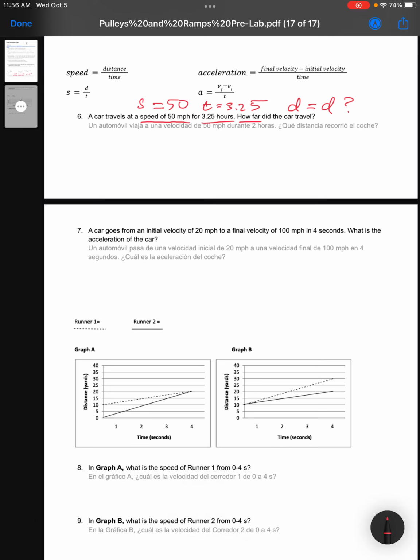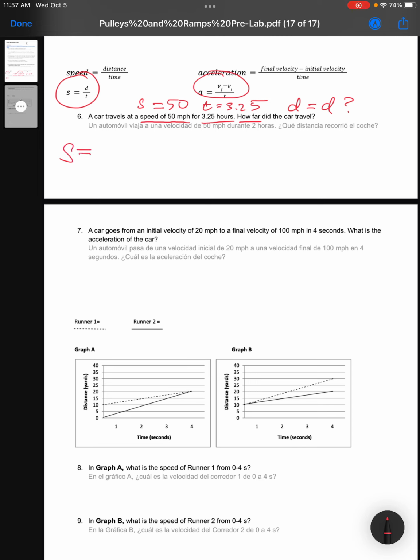Okay, so let's solve this problem. Which equation should we use? This equation or this equation? Which equation includes speed, distance, and time? It's the left equation. So let's use that equation. First let's just rewrite the equation.